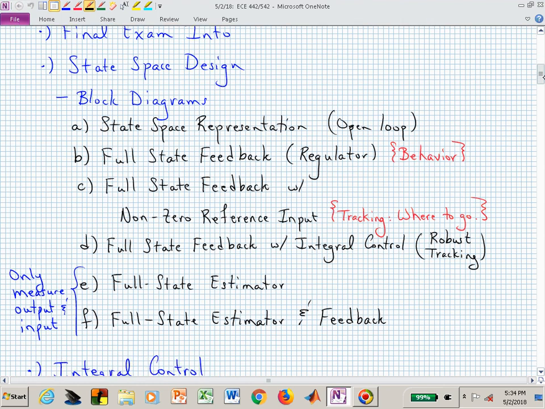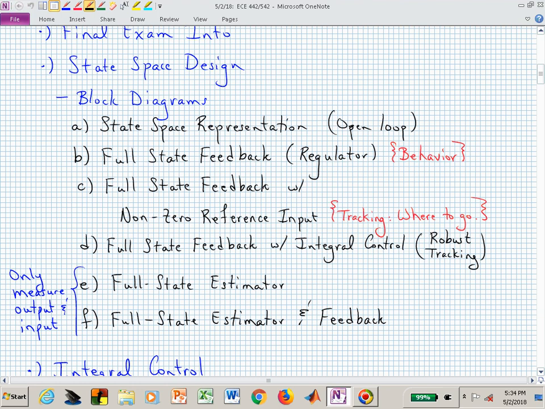And then the other 2 are, what can you do if all you really have available would be the output measurement and the input? The others are assuming that you have full access to the entire state vector. What if that's not true?